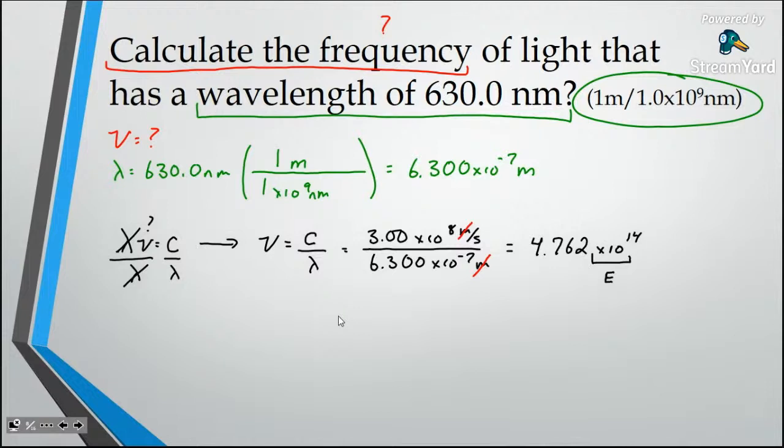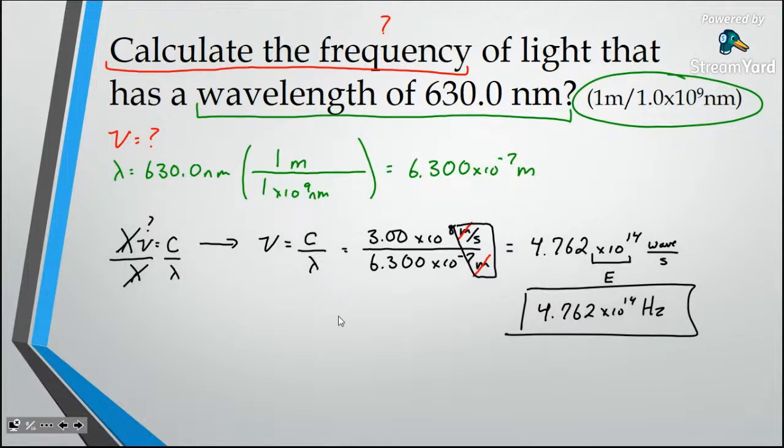And then the units, when we look at them, we're going to get 1 per second, but that's technically 1 wave per second. So we can record this as 4.762 times 10 to the 14th hertz. Okay? So that's if we are given wavelength and asked to solve for frequency.